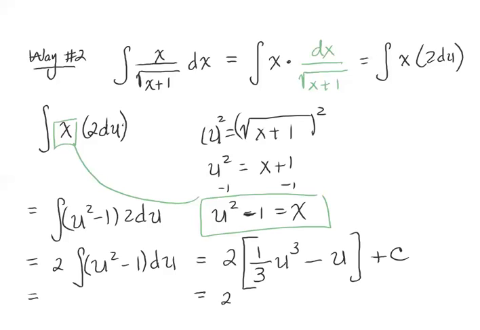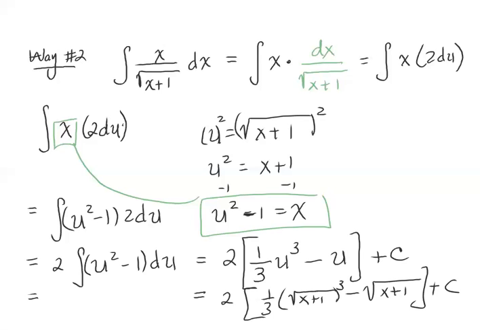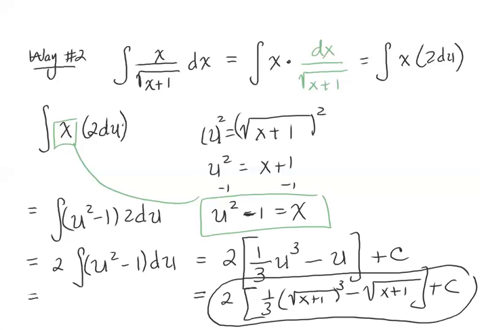This is equal to 2 times 1/3 times u, which is the square root of x plus 1 cubed, minus the square root of x plus 1, all of that plus c, which if you rearrange it using algebra a little bit, you actually get that exact same integral as we got when we used the other substitution.